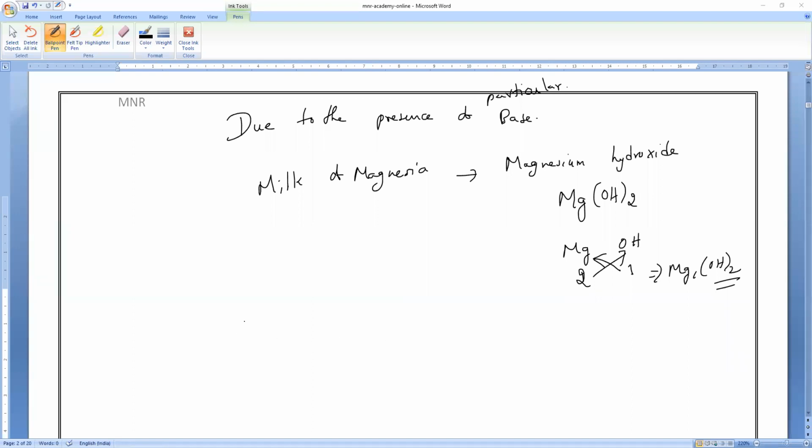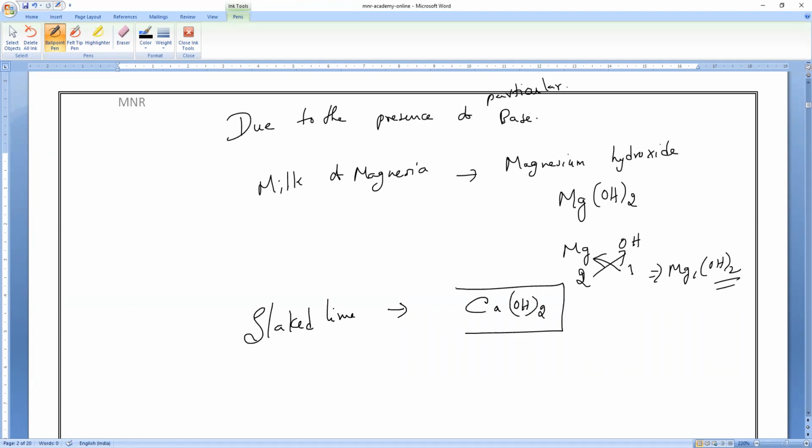If you take slaked lime, what is the base present in slaked lime? Calcium hydroxide, Ca(OH)2, we call it like this. So acids are acidic in nature because a particular acid is present. And some substances are basic in nature because they have a particular base or alkali in them.